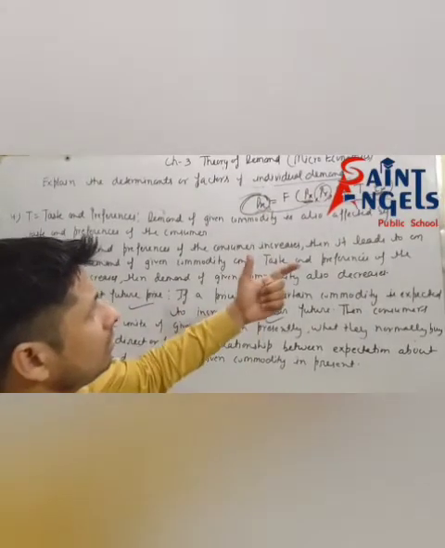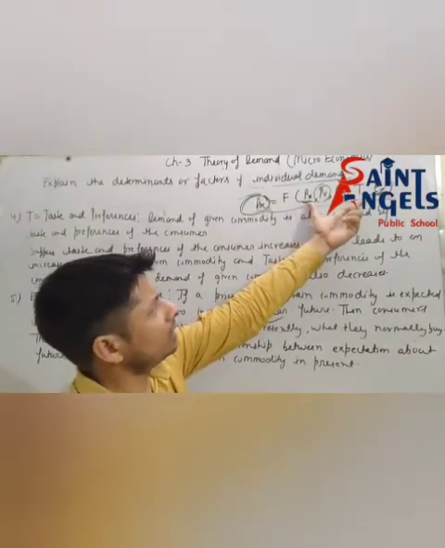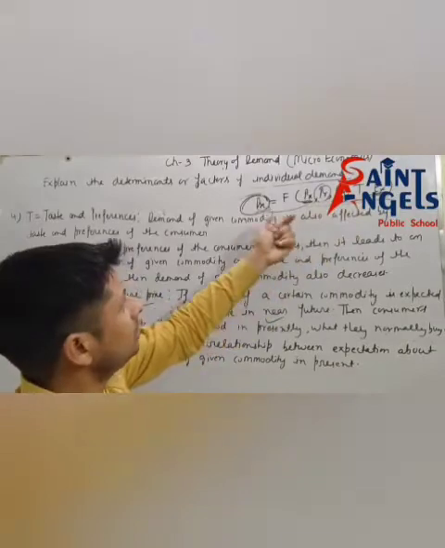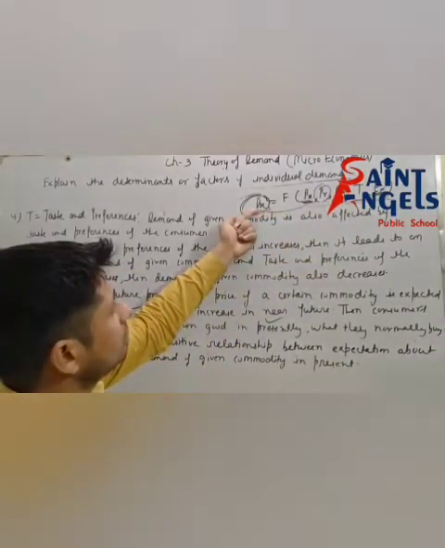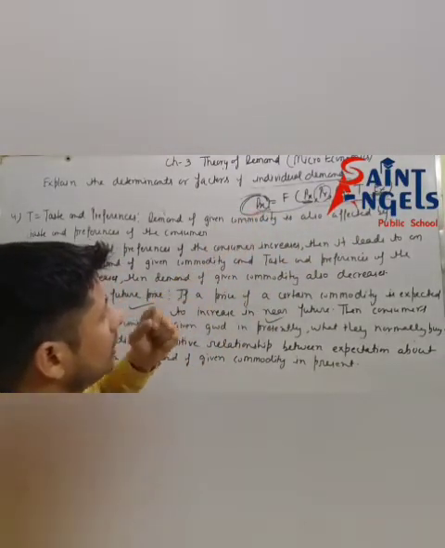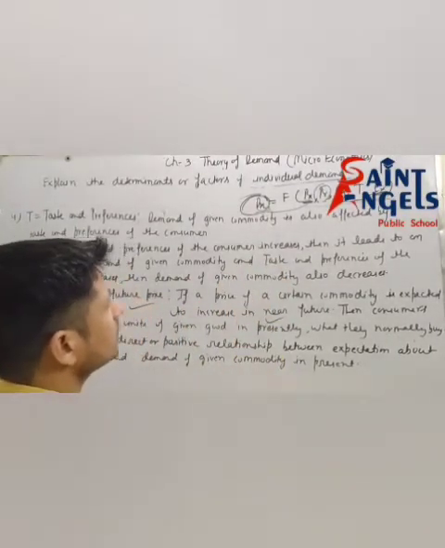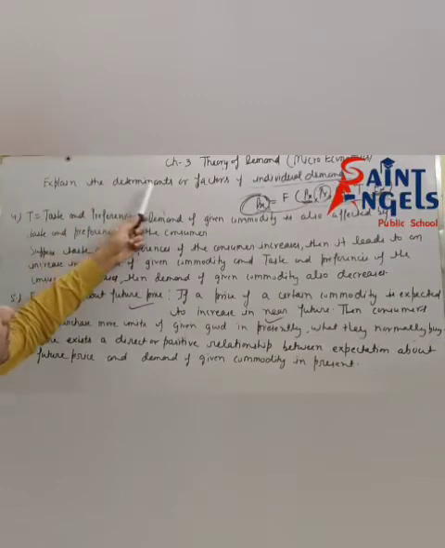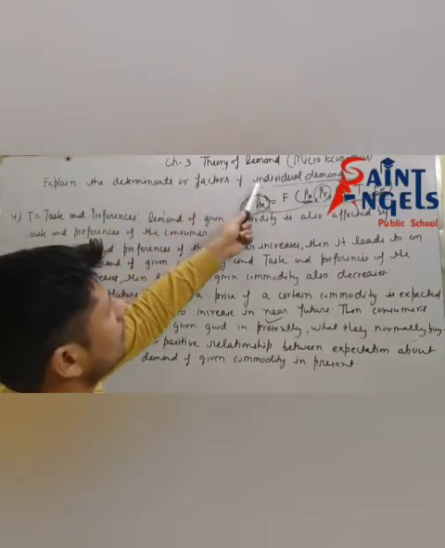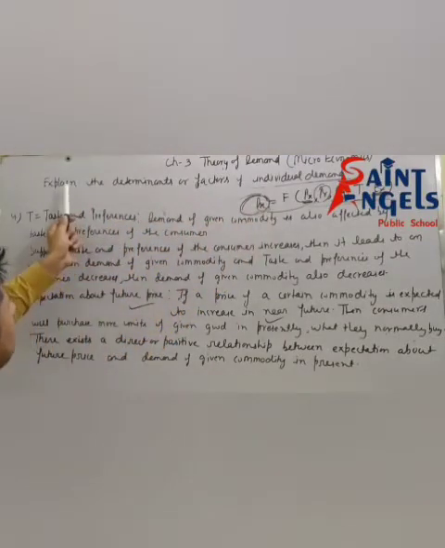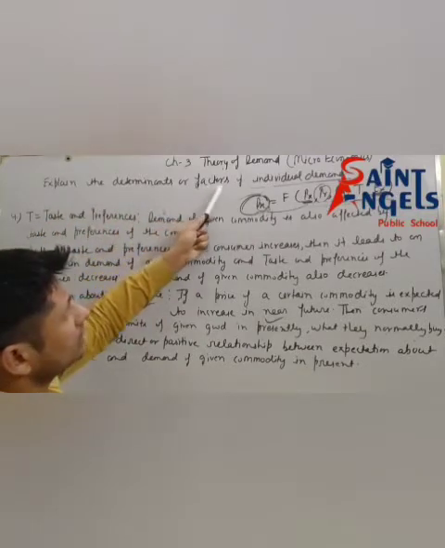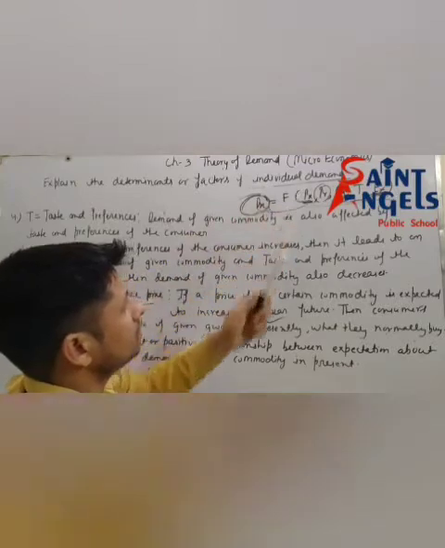Again I am repeating, there are five factors which are affecting individual demand of given commodity. After this we will discuss, explain the determinants or factors of market demand.